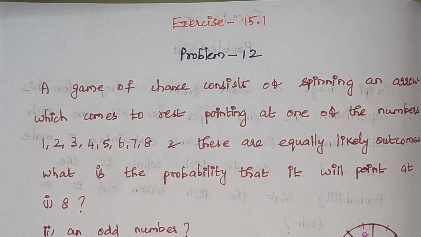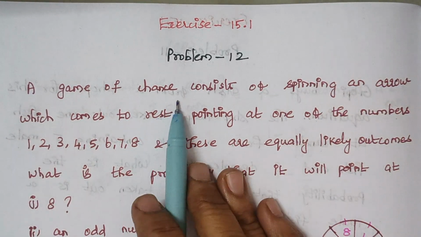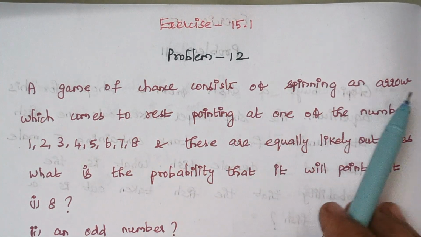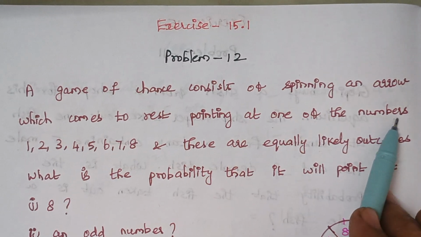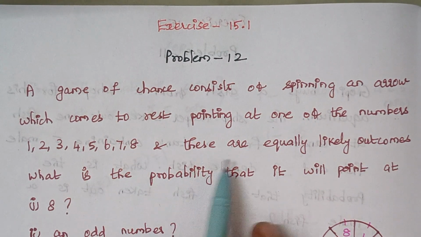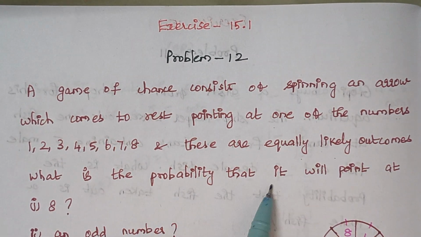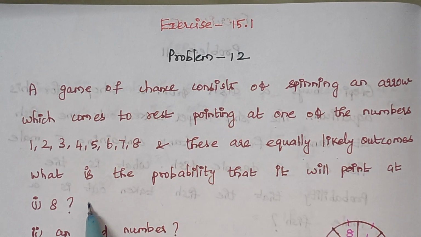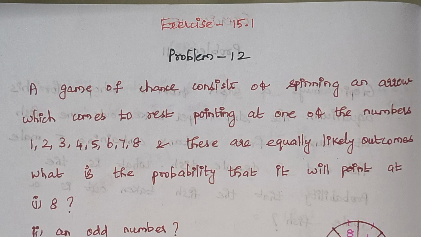The next problem is problem number 12. A game of chance consists of spinning an arrow which comes to rest pointing at one of the numbers 1, 2, 3, 4, 5, 6, 7, 8, and these are equally likely outcomes. What is the probability that it will point at some of these? So here we have a game of chance, that is a lucky game.